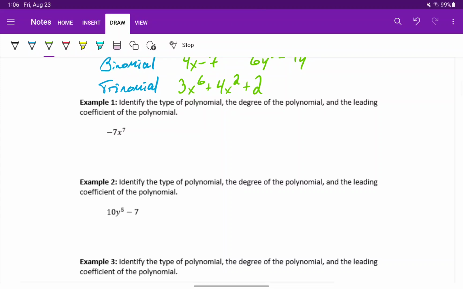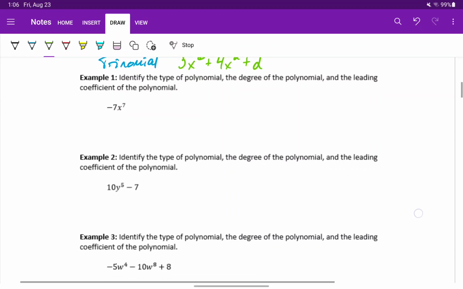In the next few examples, what we want to do is identify the type of the polynomial, the degree, and then the leading coefficient of that polynomial. In example 1, we have negative 7x to the 7th. This is a monomial since we only have one term.